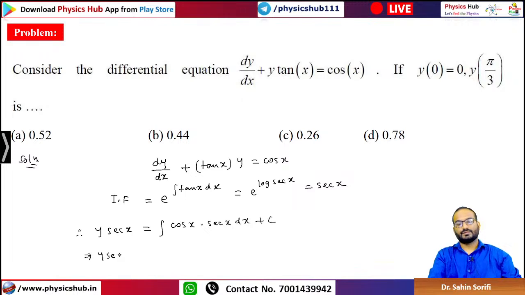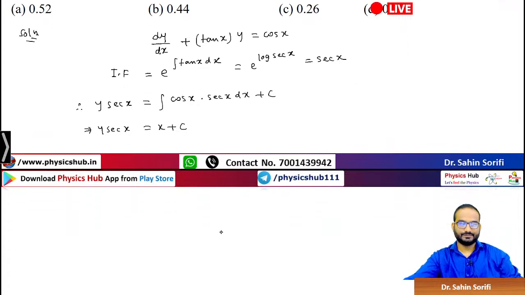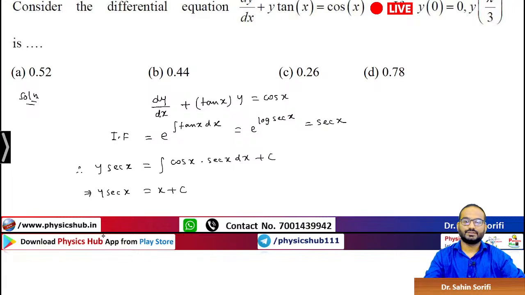So y sec x, sec equals 1 by cos, so x plus c. A you are getting. Let's see. Let us now use this initial condition y at x equals 0 is equal to 0. So c is equal to 0.